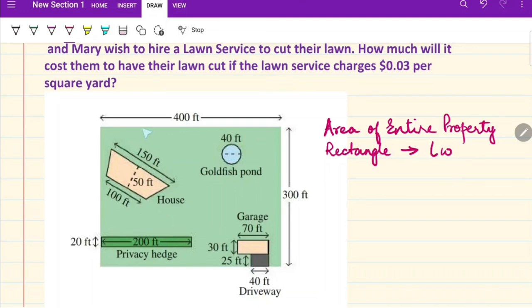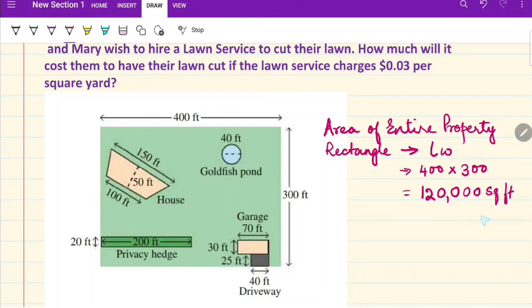So here, the area of the entire property would be 400 times 300, which is equal to 120,000 square feet. That is the area of the entire property.